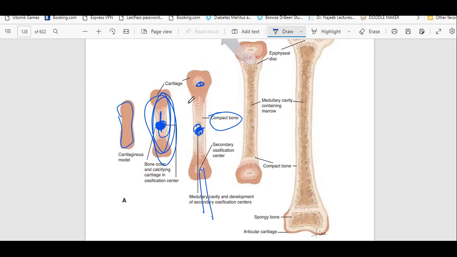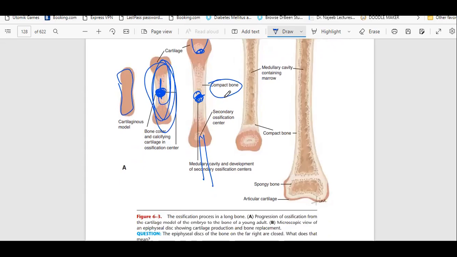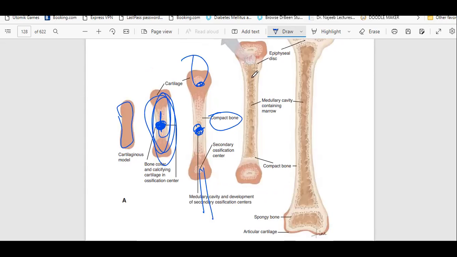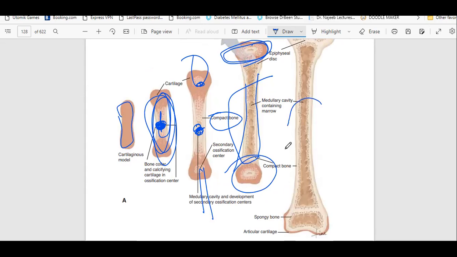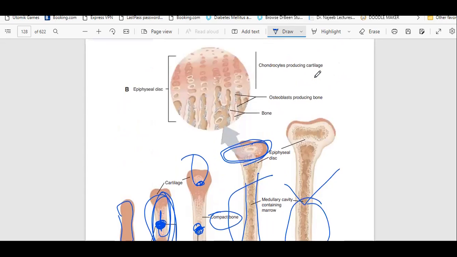Then the bone is growing. Here you can see that the whole diaphysis is converted into bone, and this area we have cartilage. Then you can see here the young adult bone, which has completed its ossification.